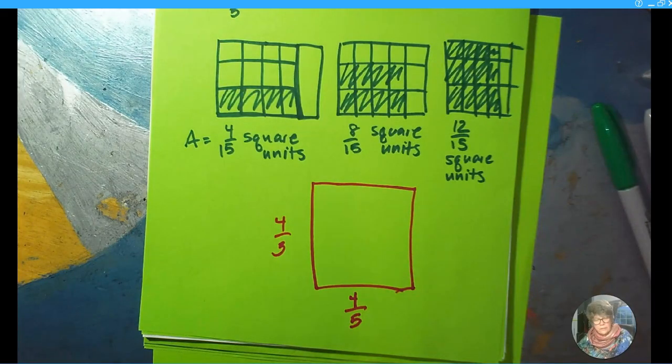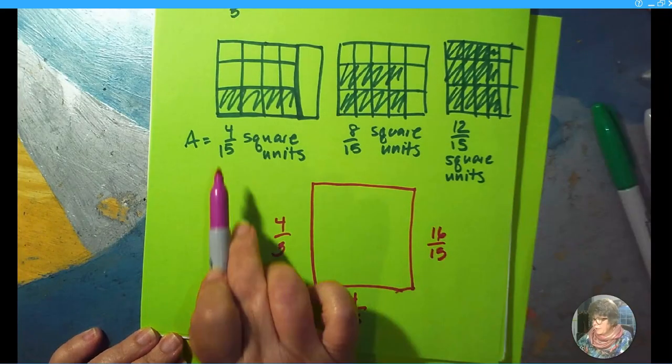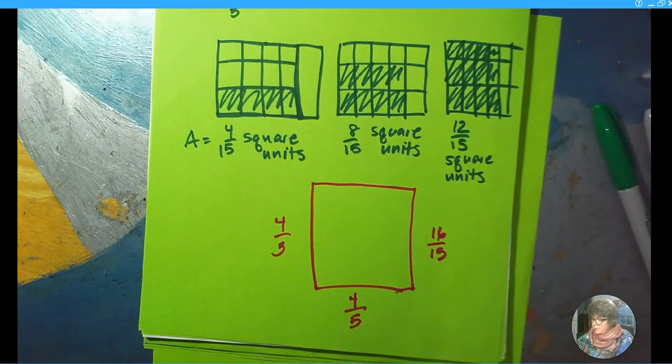How could you find the area of that? Would our pattern continue? Would it be 4/3 times 4/5, which would be 16/15? 4, 8, 12, 16. Do you see a pattern there?